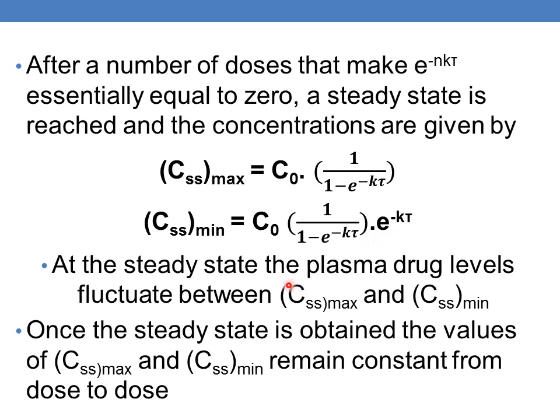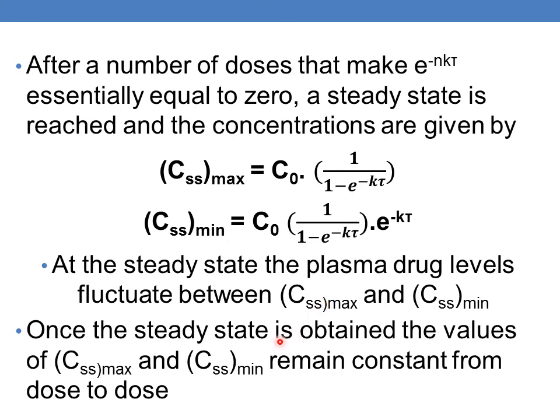At steady state, the plasma drug levels fluctuate between CSS max and CSS minimum, and for an ideal multiple dosage regimen, we have to make sure that these fluctuations are minimal. For effective therapy, the fluctuations between CSS max and CSS minimum should be very small.